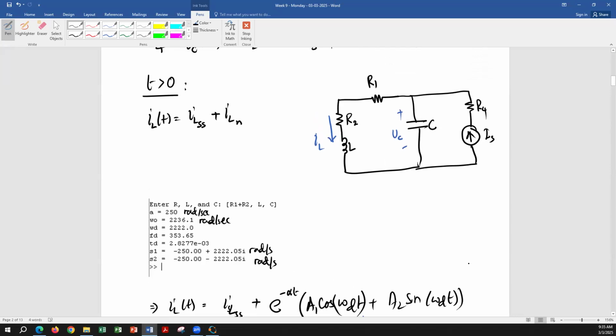Okay, who is going to tell me now what will be the steady state value of the inductor current? Somebody else is going to tell me, and tell me quickly. Steady state value.